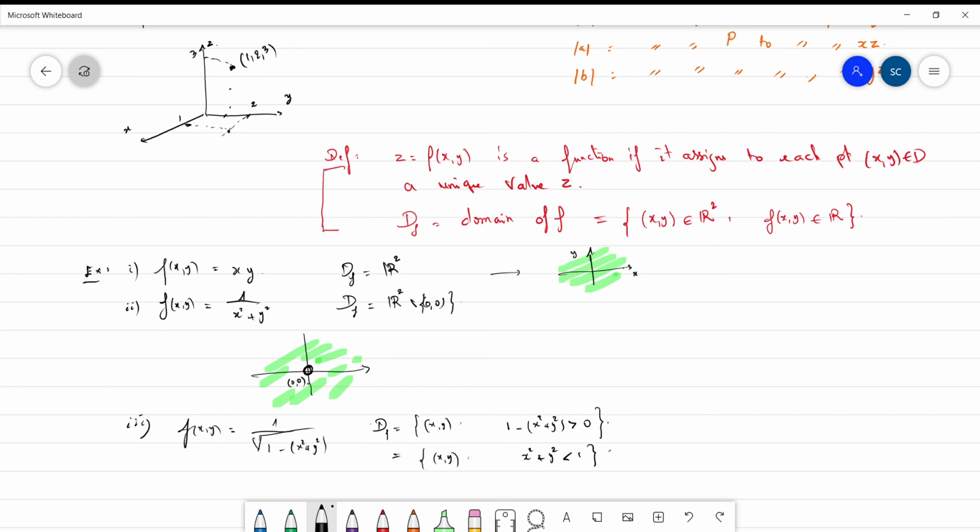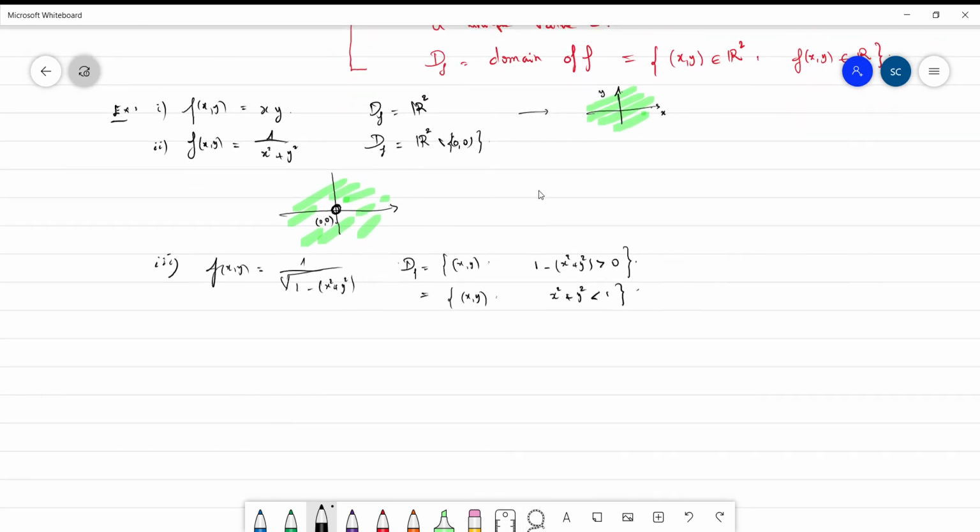Now, if you remember the distance of a point: take a point with coordinates (x,y) and compute its distance to the origin.